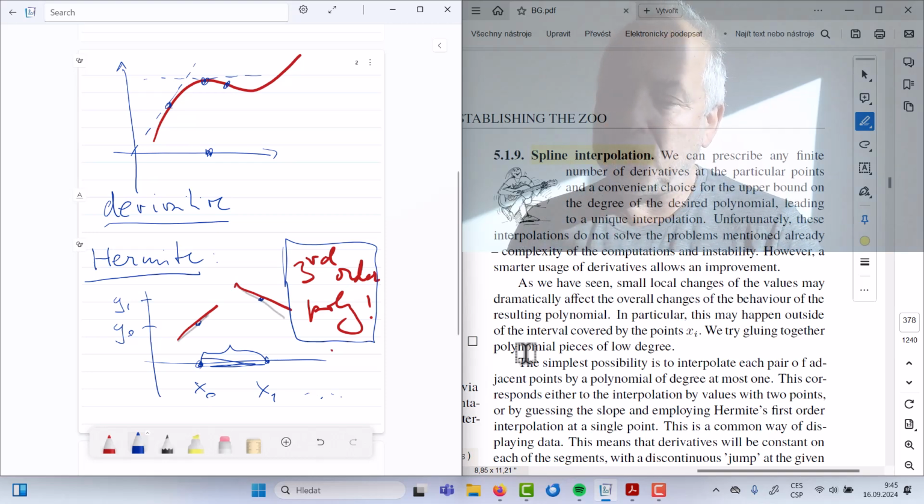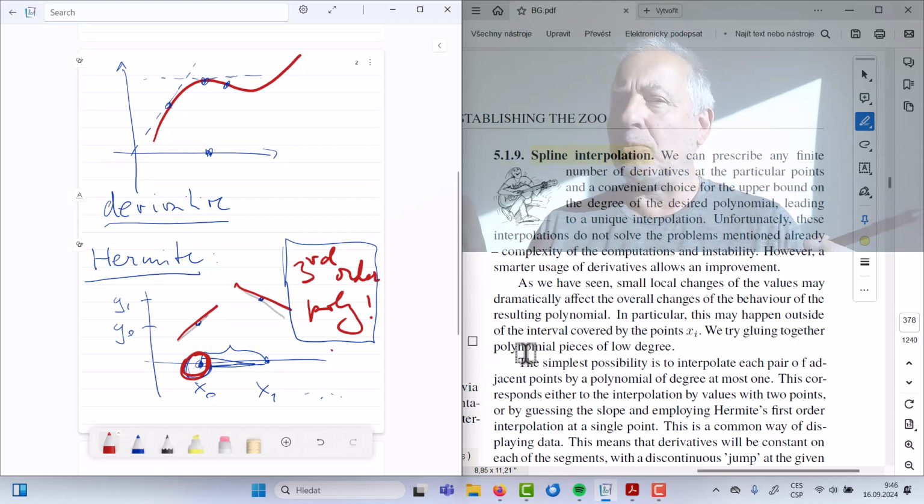So I request that the derivative for the polynomial coming from the left is the same as the one starting in the right? And then in total, I will get the same number of conditions, except on the very end, right? At the very end, I'm lacking one. So there the people add some condition. Don't worry about it. And that's what the people call spline.